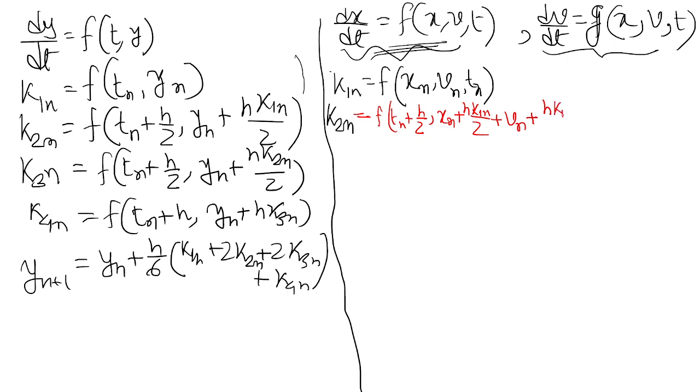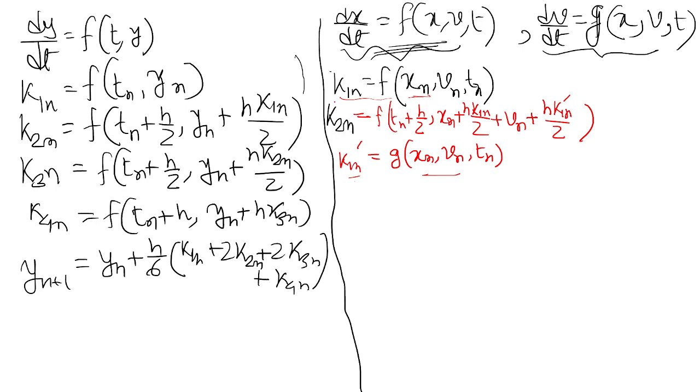So let me write k1 prime n here, and what is this k1 prime n? k1 prime n will be g of xn, vn, tn.